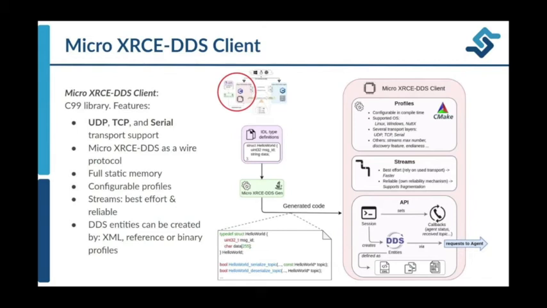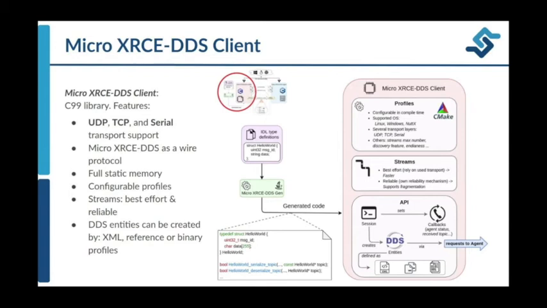Okay, it follows a profile concept that enables choosing to add or to remove some features at configuration time. And this allows basically customizing the size of the library, allowing it to be made even lighter if some features are not used.